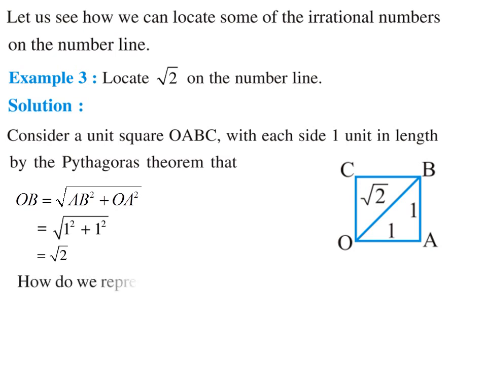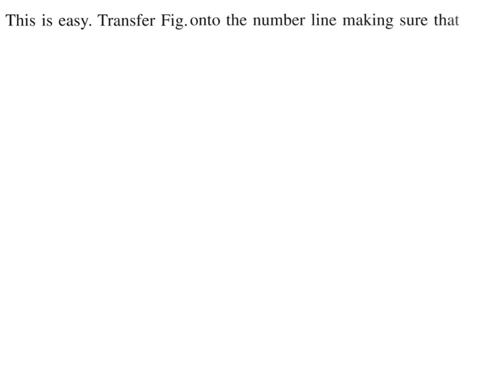So now this is the representation. How do we represent root 2 on the number line? We have found the value of root 2, but how can we represent it on the number line? For that, this is easy. Transfer the figure onto the number line, making sure that the vertex O coincides with the 0 value.